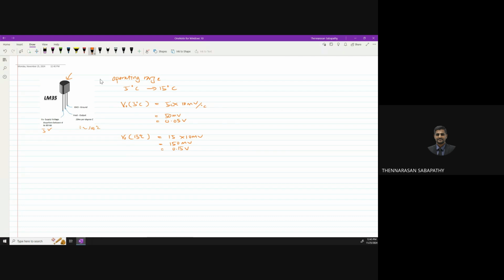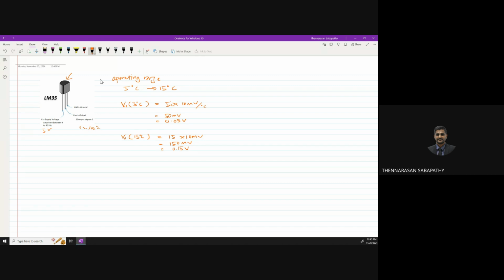So this is also a very low output voltage for the two different temperatures, 0.15 and 0.05. Obviously it will need an amplifier to improve the sensitivity of the overall device, to have a better measurement.